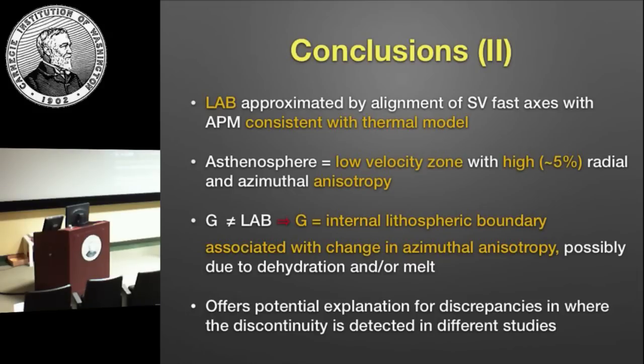Now, what I would like to do in the near future is to try to get higher resolution models in the transition zone, and perhaps target the Pacific and, for instance, beneath North America, to see if we can resolve these differences, because it's hard to tell at this point whether we can resolve the differences in the model in the transition zone.